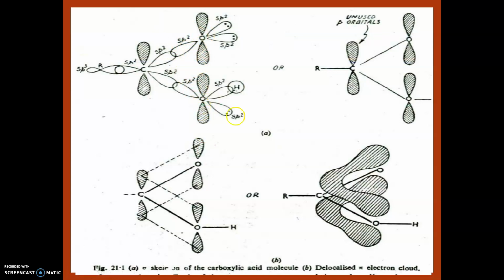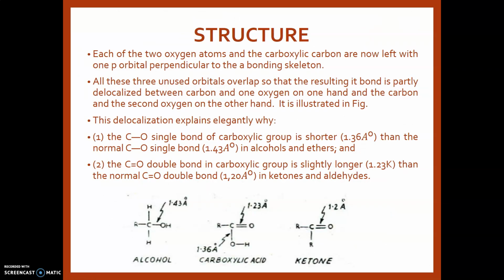So this is sp2 hybridized orbital overlapping with the C=O and C-O of both oxygen atoms.